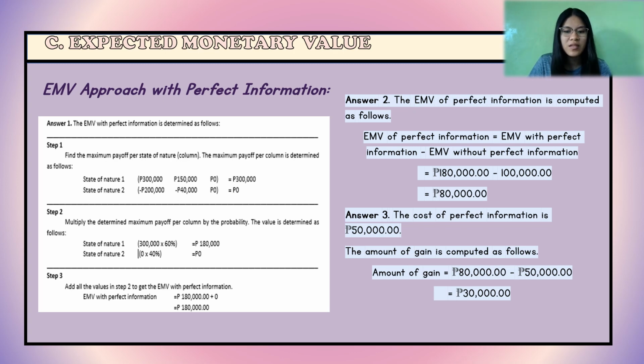So, kuha natin yung 180,000 minus 100,000 is equal to 80,000 pesos. Then the answer 3, the cost of perfect information is 50,000 pesos. The amount of gain is computed as follows. Amount of gain is equal to 80,000 pesos minus 50,000 pesos is equal to 30,000 pesos.